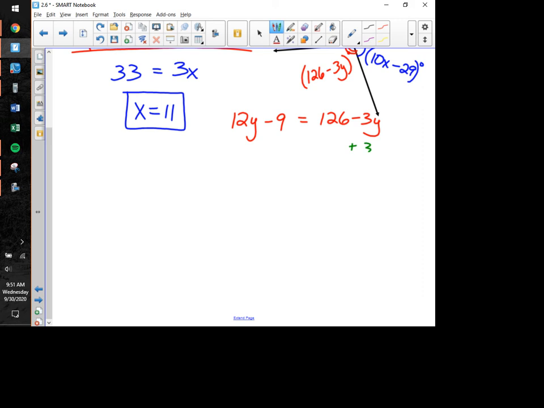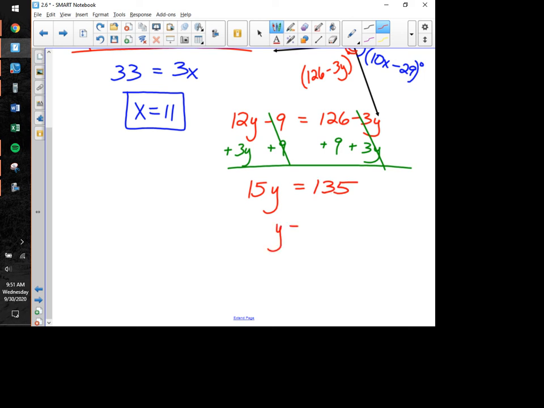I would add a 3y on both sides, and at the same time move the constants to the right by adding a 9. 3y's on the right cancel, 9's on the left cancel. 12y plus 3y is 15y. That gets us 135 on the right, and dividing by 15 on both sides, I'm pretty sure is going to get us y is equal to 9.